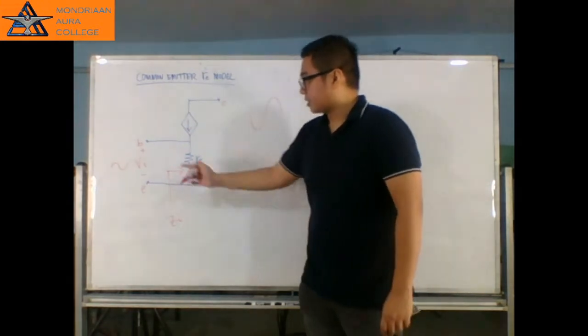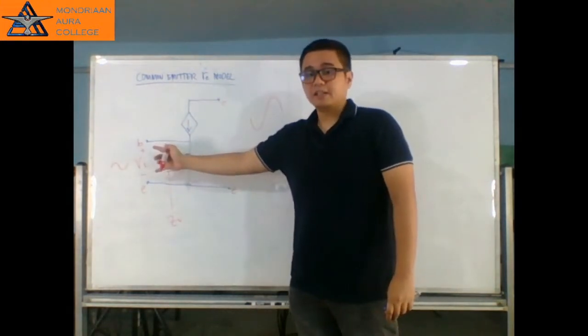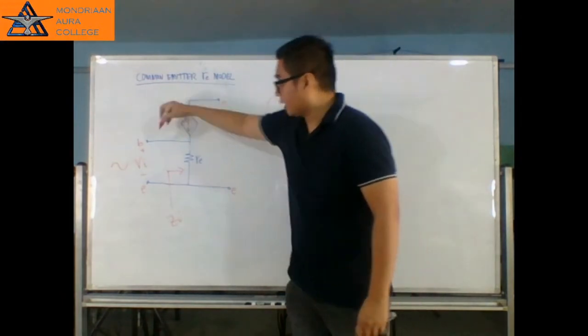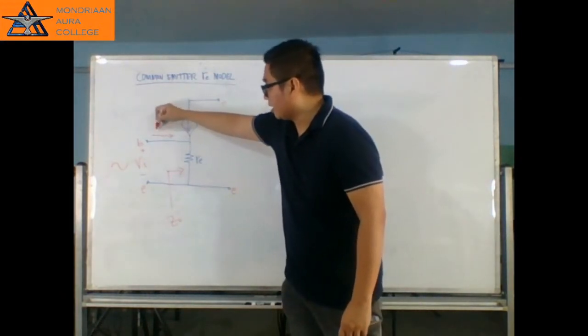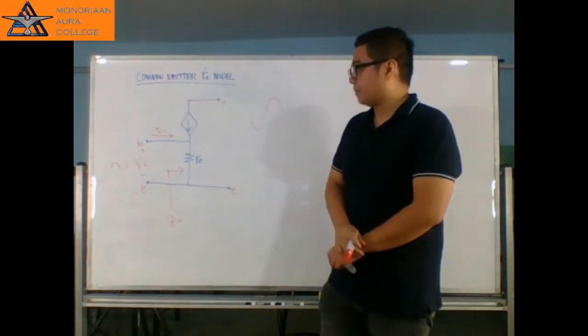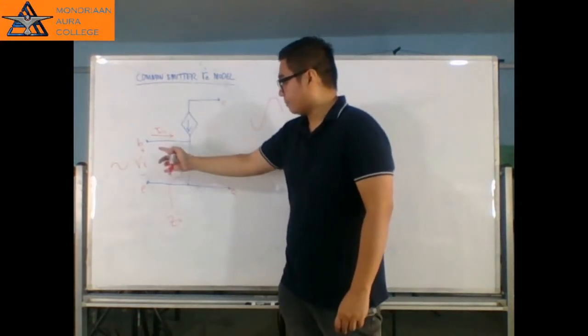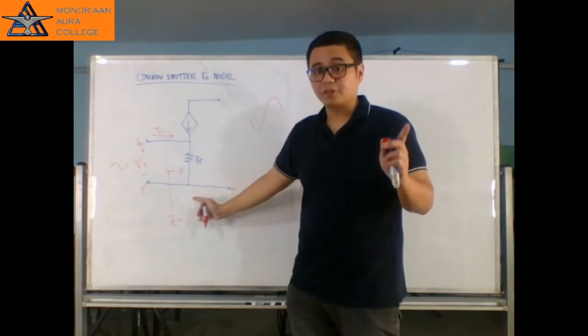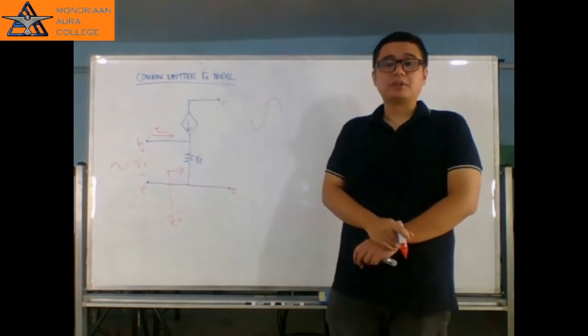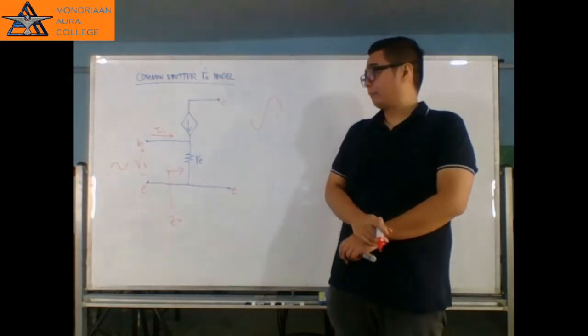Okay? Since nag-apply tayo ng input signal sa input impedance natin ng ating circuit, no, it will provide us with an input current, I sub I. So these are all AC parameters. V sub I, in-apply natin sa input impedance or input resistance, magkakaroon tayo ng input na current or kuryente.